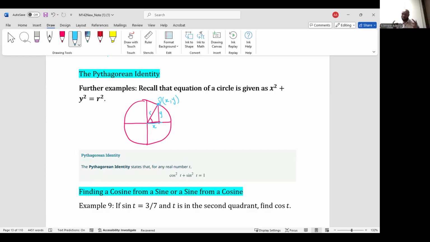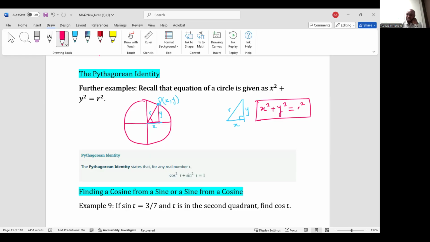If you remember Pythagoras theorem, where we have a right triangle like this, here is x, here is y, here is r. This can be related as x squared plus y squared equals r squared, which some of you call a squared plus b squared equals c squared. So the same thing is happening right here.